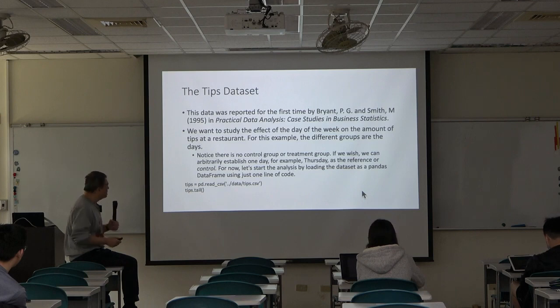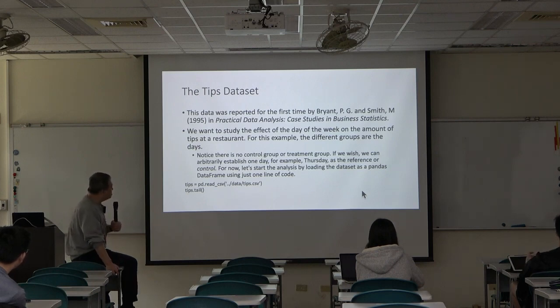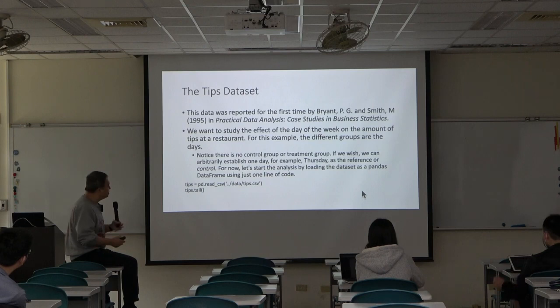Basically, they observe whether the tipping behavior changes on different days. So in this case, the different groups are the different days of the week. There's no control group or treatment group, because we just break the result into different days.